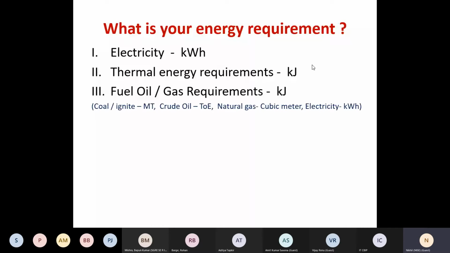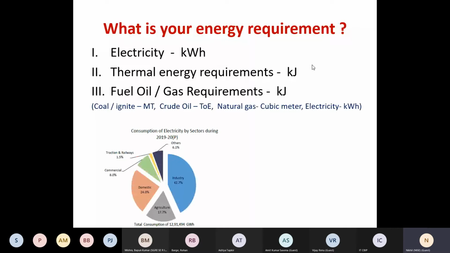But if I consolidate it over a complete spectrum of applications, in the year 2019-20, this figure you see below is the total consumption of energy required by us in that particular year.